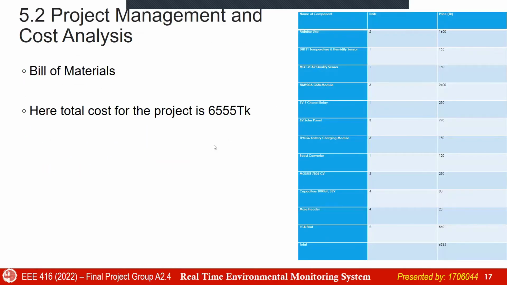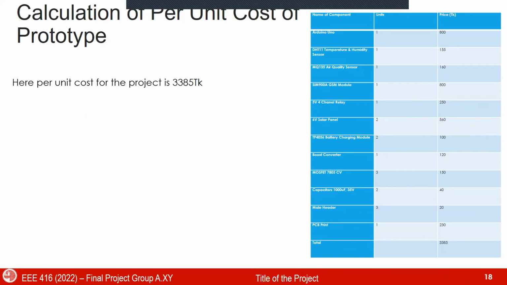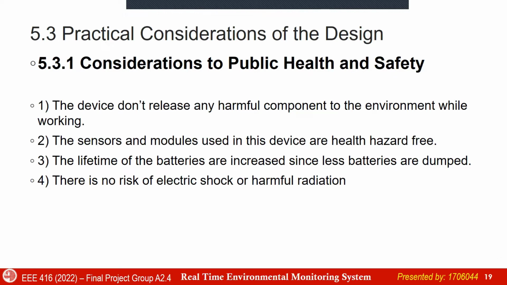This is the bill of materials of our total project. Here total cost is 6,555 TK. Here now we have calculated per unit cost of a prototype. From the chart we have found our per unit cost is 3,385 taka. Now we are considering our project to public health and safety.